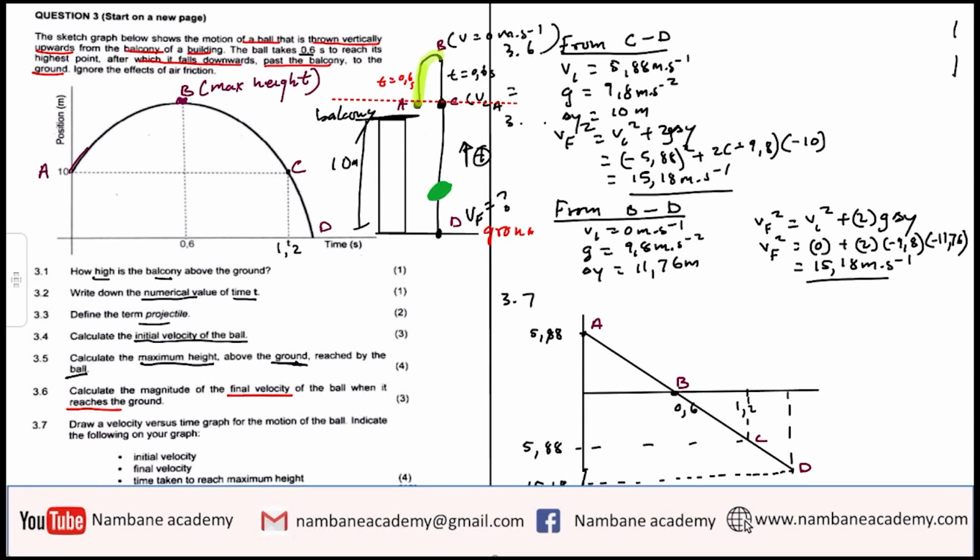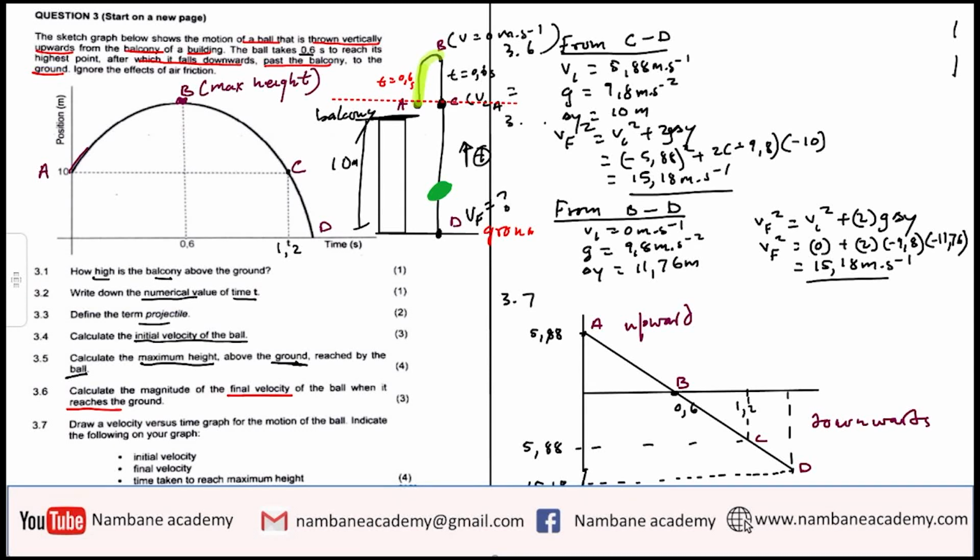I should be in a position of relating the information given. The graph itself must represent the actual essence of what is happening, which is true. A, B, upward, ladies and gentlemen. B, C, D, downwards, ladies and gentlemen.